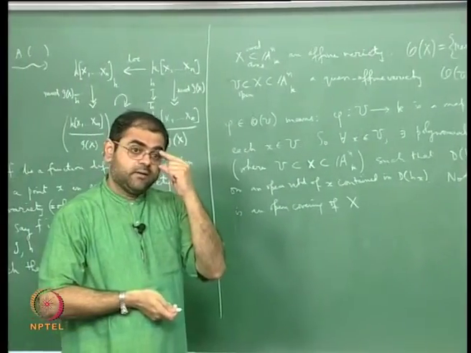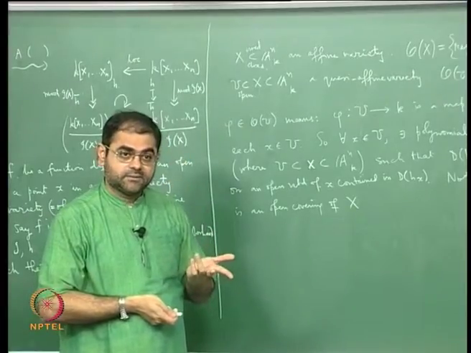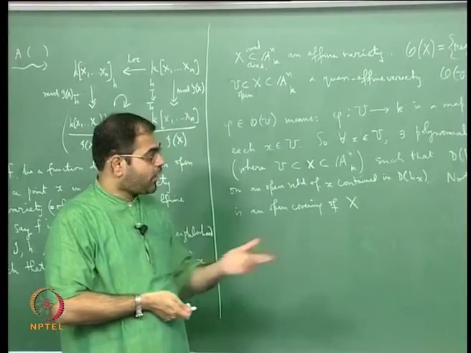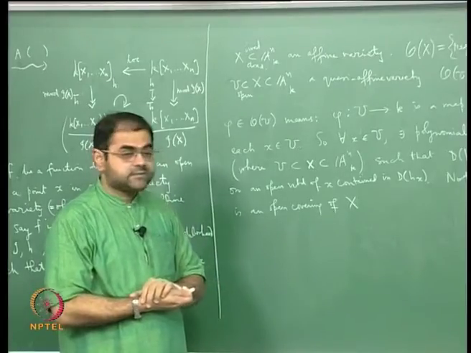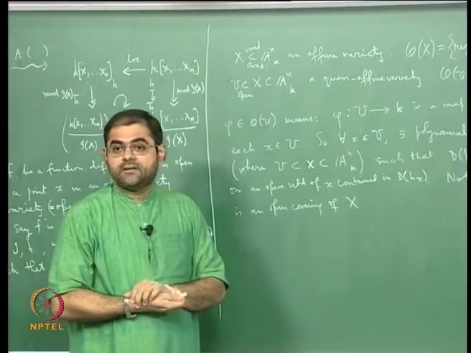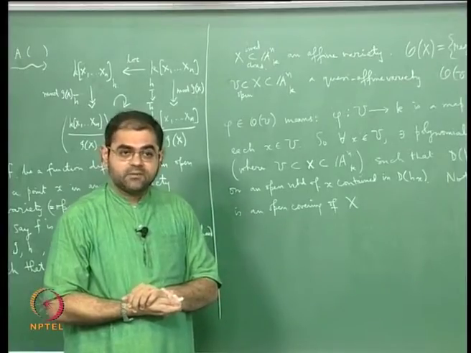We know that it's quasi compact. Therefore out of this collection of h_x's I can be content with having only finitely many.